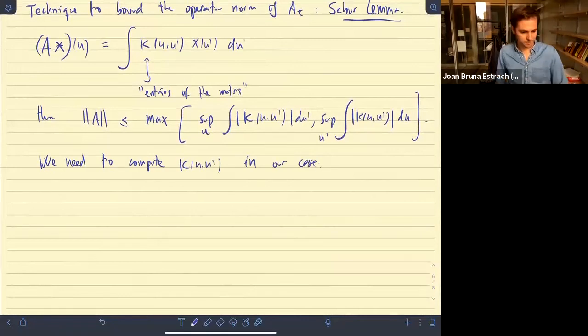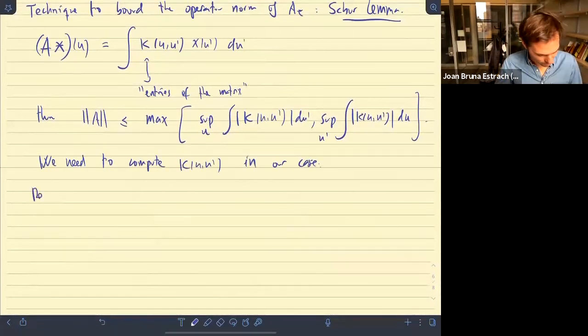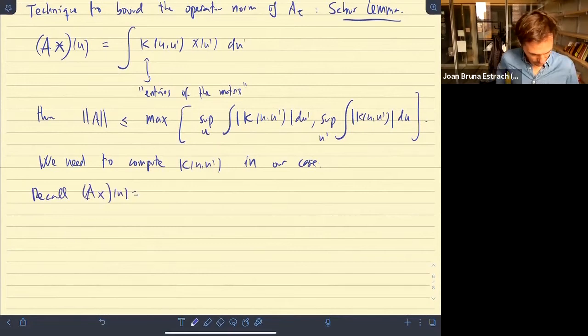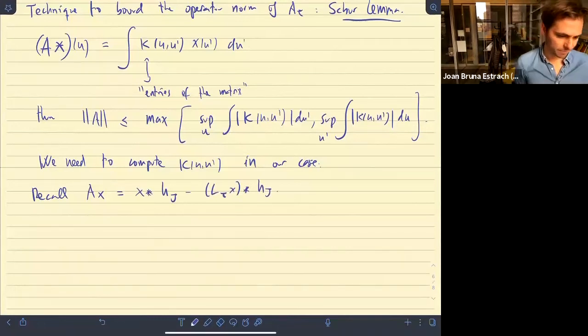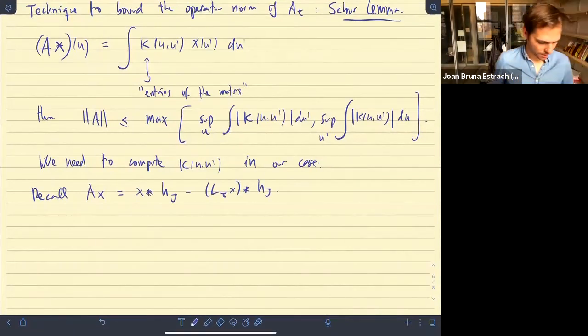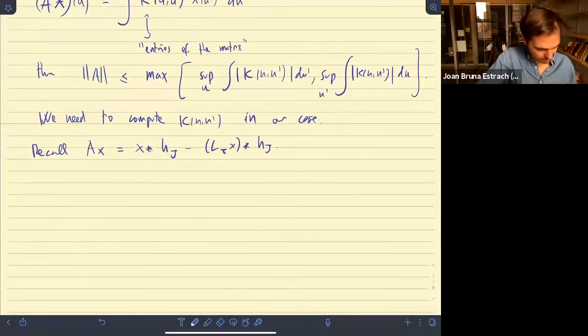So let's do that. Recall A of X at u. A of X is X convolved with K minus delta of X convolved with K. So let's go step by step.